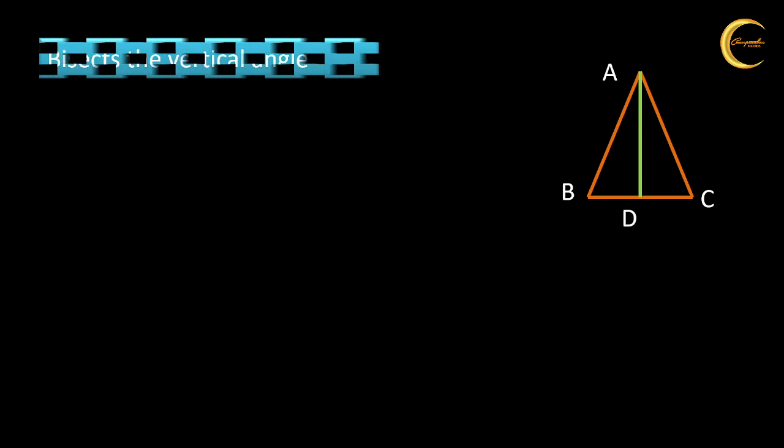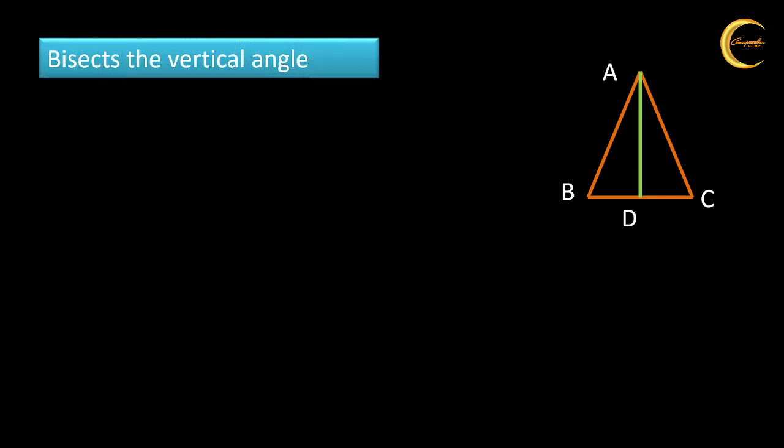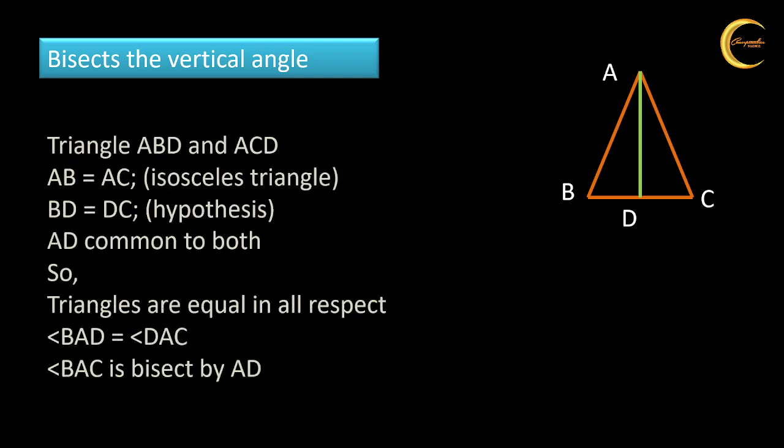The first solution is that AD bisects the vertical angle. Again you can see that two triangles have been formed: triangle ABD and triangle ACD. If we prove these two triangles are equal in all respects, then all these problems will be solved very easily.